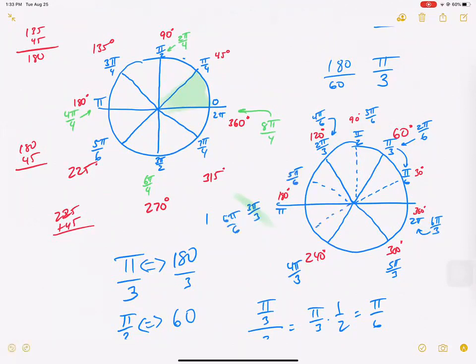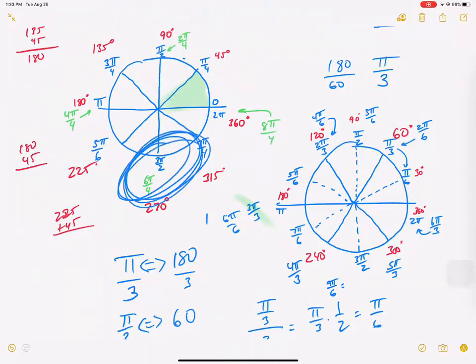Next one after 6 is 7 pi over 6, 8 pi over 6, 9 pi over 6, which reduces to 3 pi over 2, which is exactly what we wrote over here on the left. 10 pi over 6 reduces to 5 pi over 3.